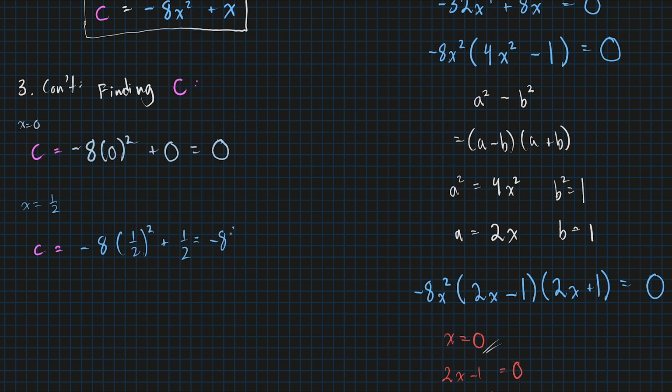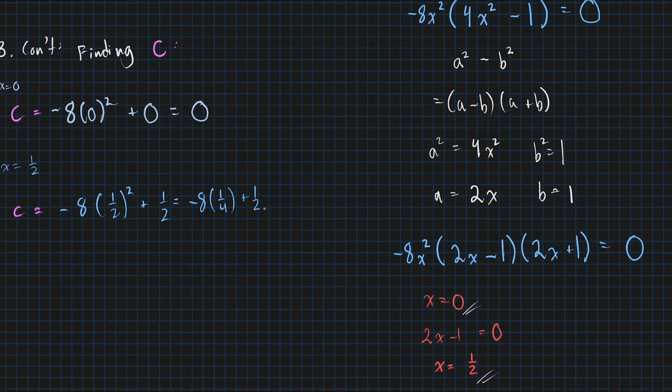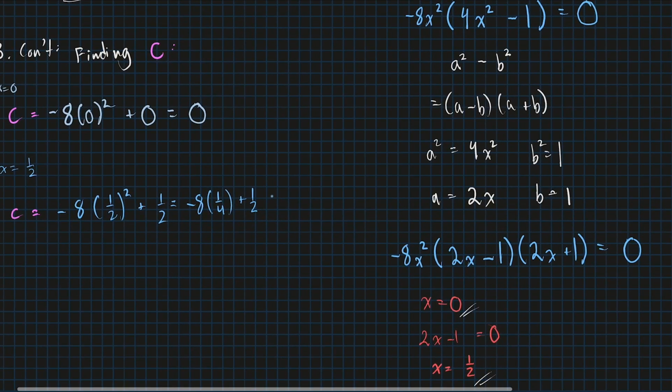So we get negative 8 times 1 over 4 plus 1/2, and negative 8 times 1 over 4 is negative 2. But if I want these two terms to have the same denominator, I can say that negative 2 is negative 4 over 2. So negative 4 over 2 plus 1 over 2. And that is equal to negative 3 over 2.